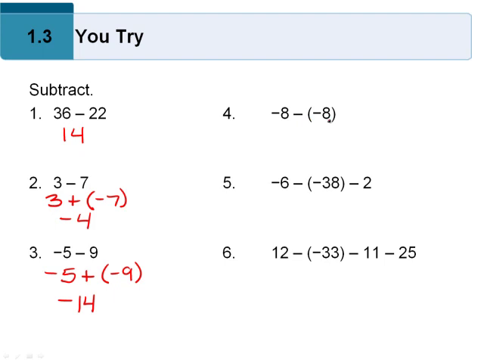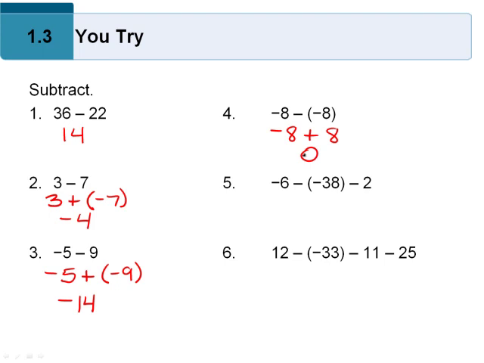We have -8 minus -8. So we're going to do same, change, opposite, or keep, change, opposite. And that would be -8 is the keep part, keep it the same. Change it to addition. The opposite of -8 would be +8. And now the signs are different, so we subtract, and that gives you 0.